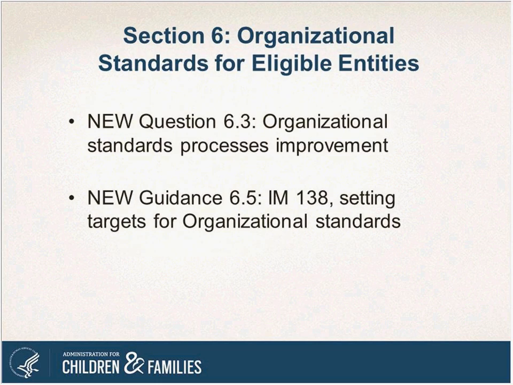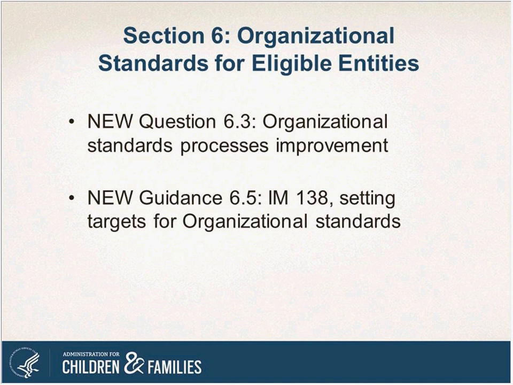So going back to Section 6, the new question 6.3, we ask in this question that states approach to us any process improvements that they've made within a year, or plan to make, rather, as this is a state on the organizational standards process. Also, new guidance as it relates to question 6.5.